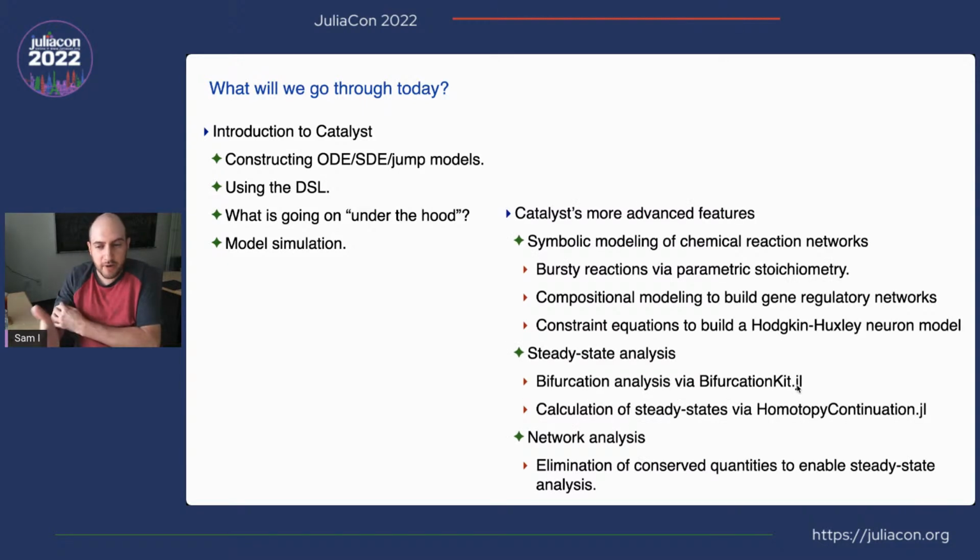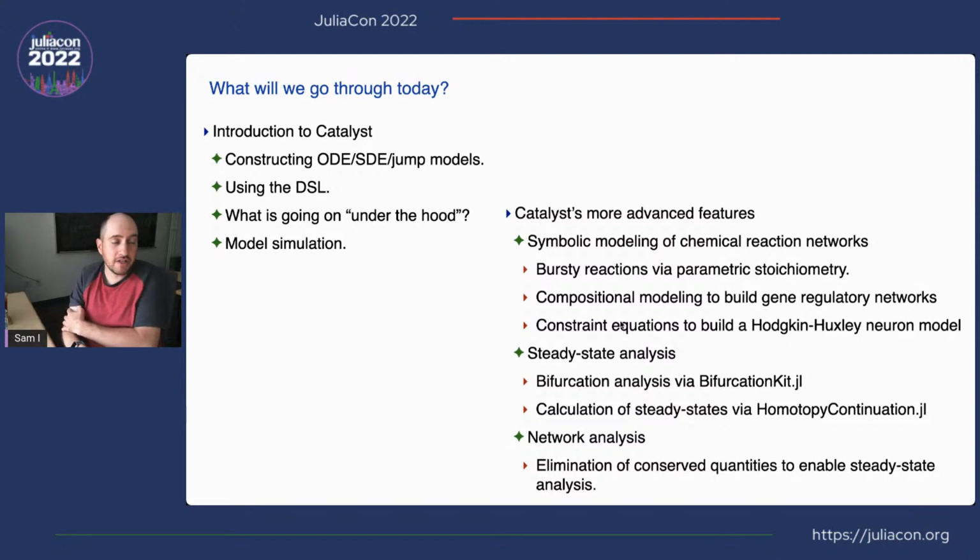And then the second part, we have a bunch of stuff, which maybe we'll get through it all and maybe we won't, that goes into some of the more advanced features of Catalyst. These include things like how you can model bursty reactions by having parametric stoichiometry that lets you, say, have a random variable as a stoichiometric coefficient, how we can combine multiple reaction system models into larger ones, how we can add constraint ODEs or algebraic equations, with the specific example that I'll show you today of how to build a Hodgkin-Huxley neuron model.